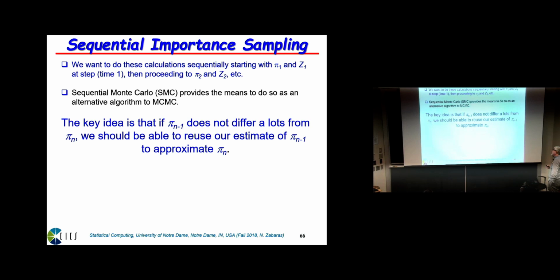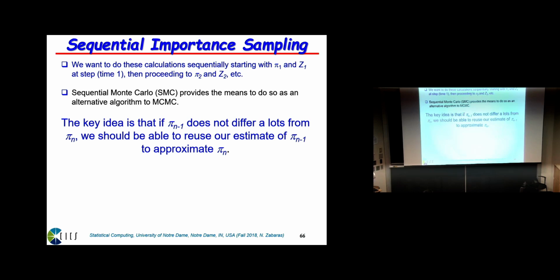Let's say at time n minus 1, we compute some importance sampling approximation of the target distribution, all right? In the generic thing that I showed you before, I never use the distribution again. So when I go to calculate pi n, I start doing all the calculations from scratch. So here is the key ingredient of sequential importance sampling.